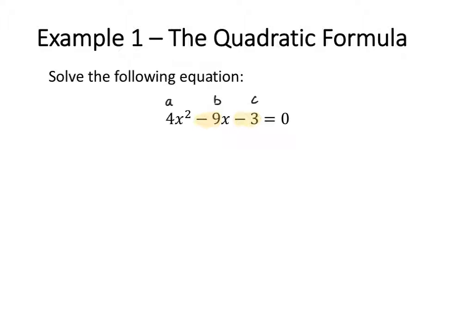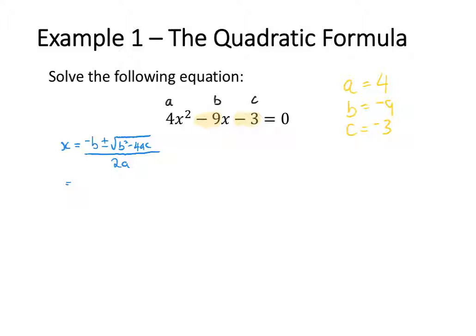So my a value is going to be equal to 4. My b value is equal to negative 9, and my c value is equal to negative 3. So now that I have those values, my next step is to write the formula. So after I've written down the formula, I can now substitute in my values.